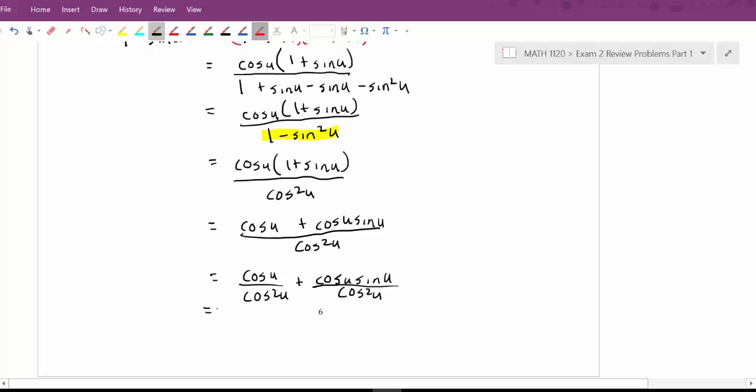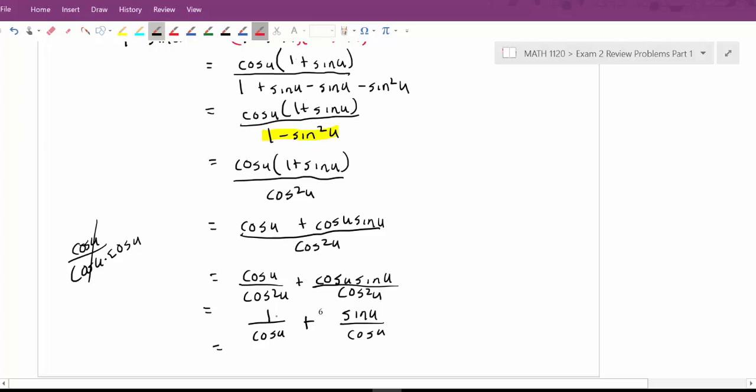Okay? Now, if you do this, one of these things is going to cross out. So if you have a cosine over a cosine squared, in your mind, you can just kind of write it out like that. That's going to be 1 over cosine. And then one of these is going to cross out, leaving sine u over cosine u.